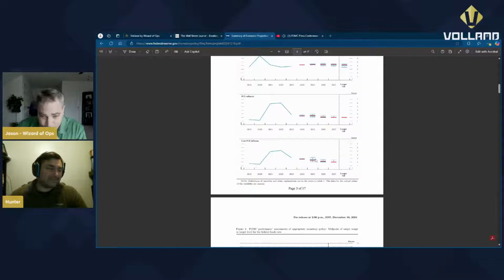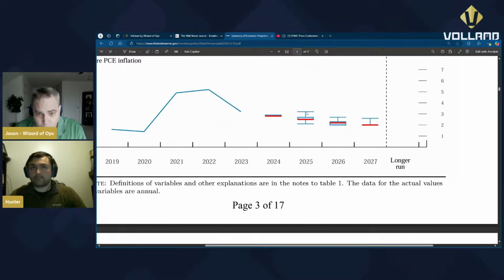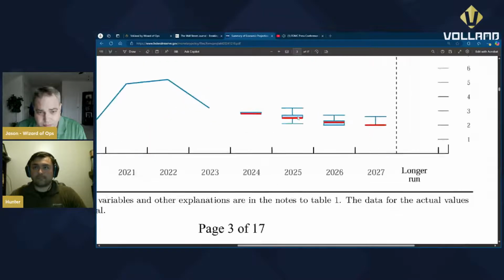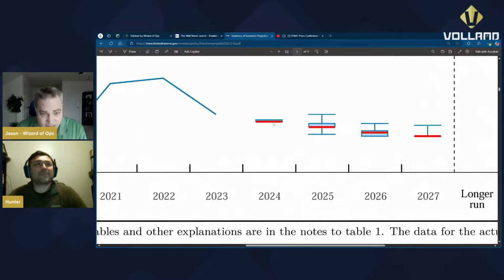No, they're not predicting higher inflation. I guess somebody is predicting higher inflation right here, right? So somebody is. 2024 consensus at the right answer.